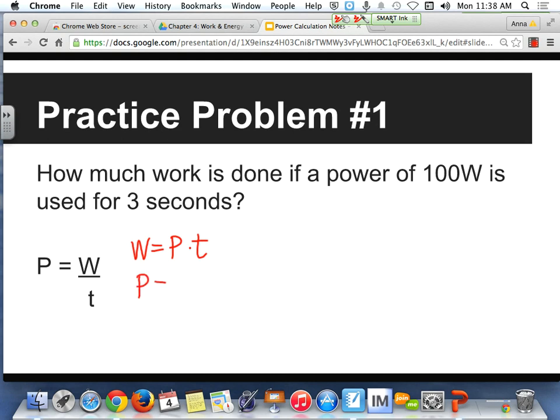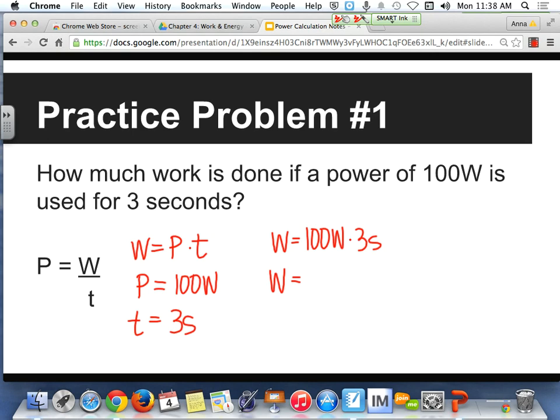We're going to write down our variables. In this one, we used 100 watts of power for 3 seconds. Finally, show our work. Now, just like yesterday, our units of watts and seconds don't cancel.